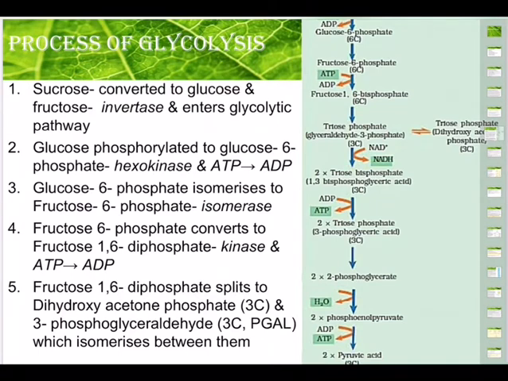Glyceraldehyde 3-phosphate, or 3-phosphoglyceraldehyde, PGAL we say, with the formation of a molecule of NADH, a highly energized compound, becomes 1,3-bisphosphoglyceric acid, and this 1,3-bisphosphoglyceric acid with the formation of ATP becomes 3-phosphoglyceric acid.